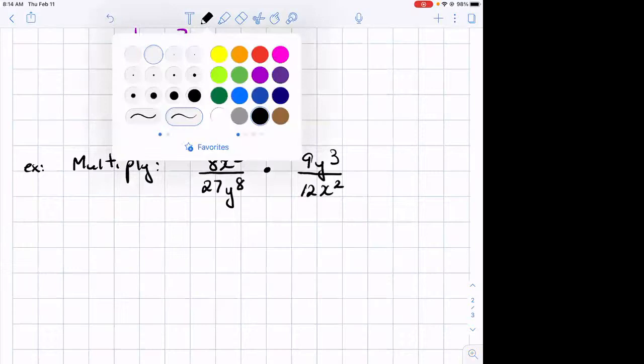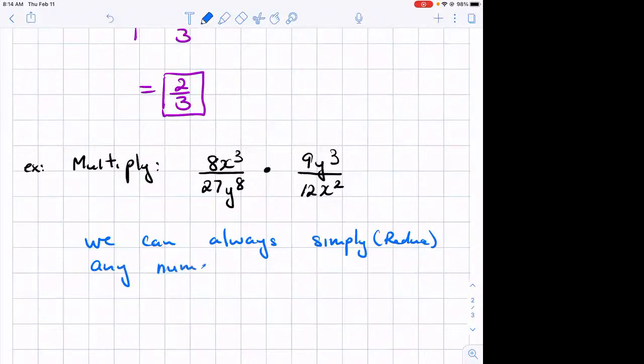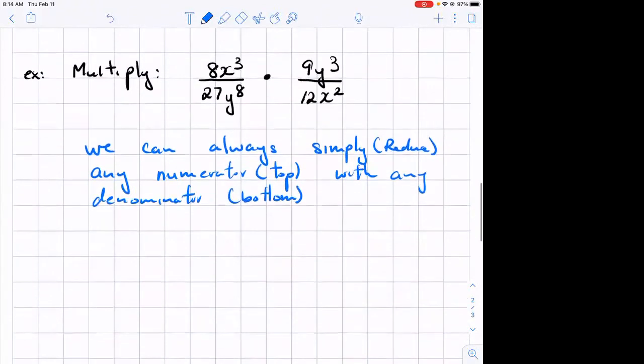We can always simplify or reduce any numerator, meaning a top, with any denominator, meaning a bottom. You can never reduce two tops or two bottoms.